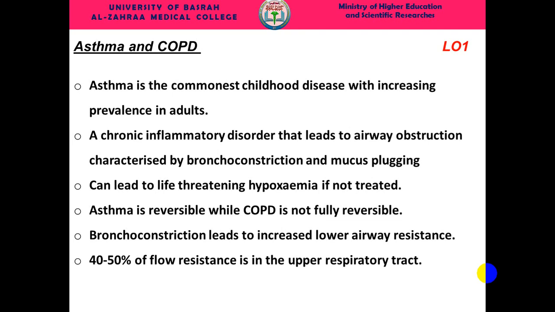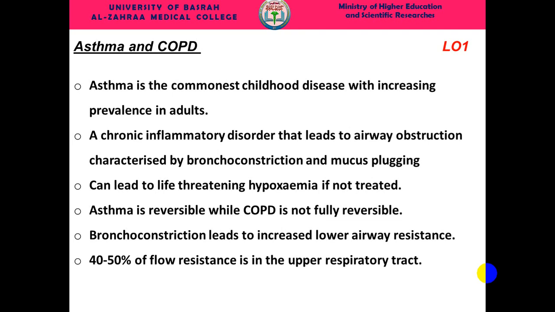So there is bronchoconstriction due to many reasons, like hypertrophy of the muscles of the bronchi, or because of basement membrane hypertrophy, in addition to the inflammatory process with the over mucus production.